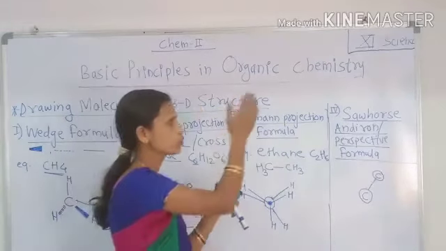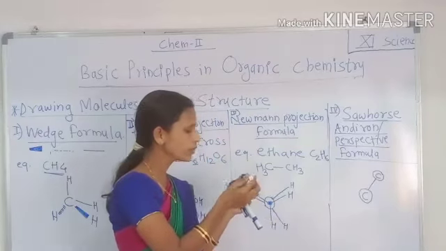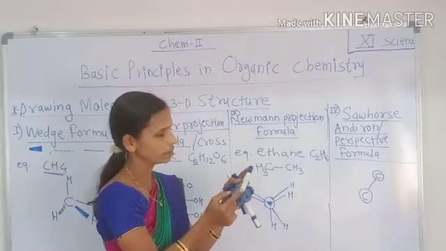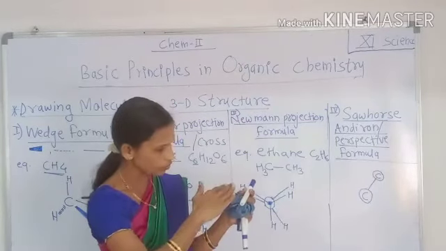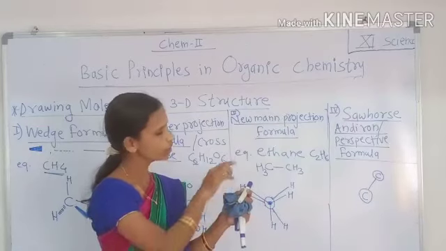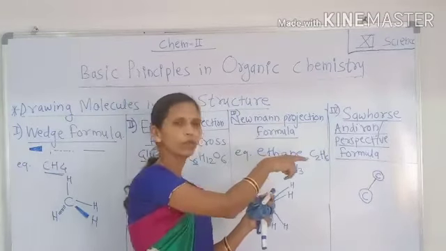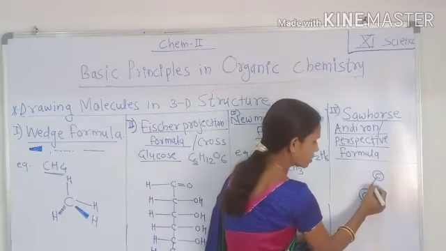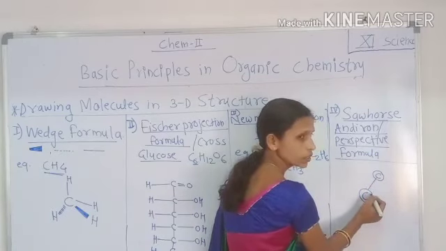But in the Sawhorse formula, the carbon-carbon bond is represented by a slanting line, so we can see both carbon atoms and write both on paper.